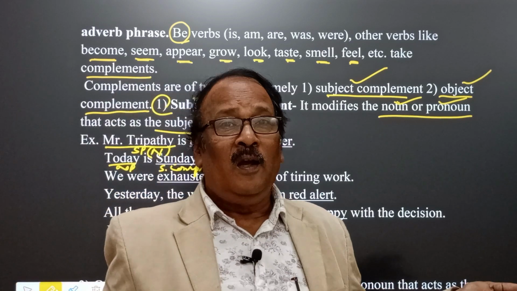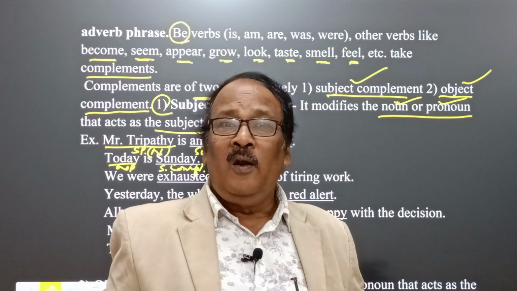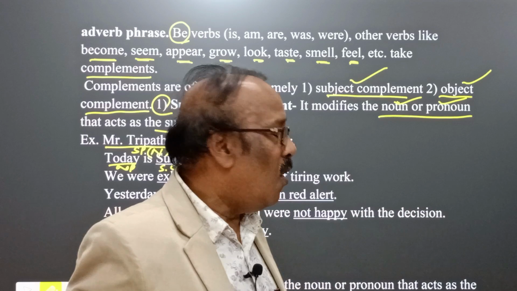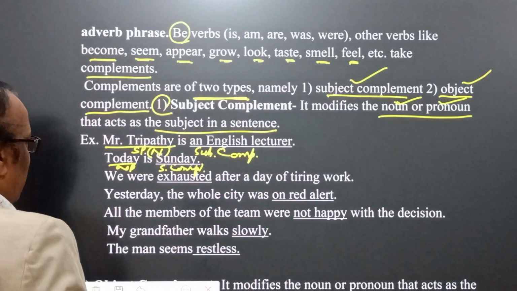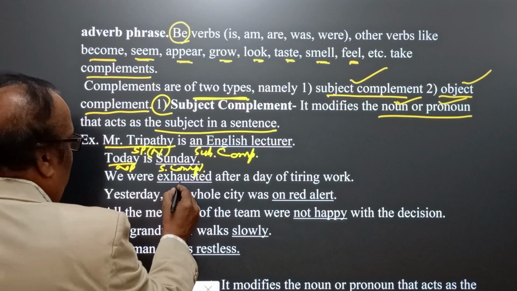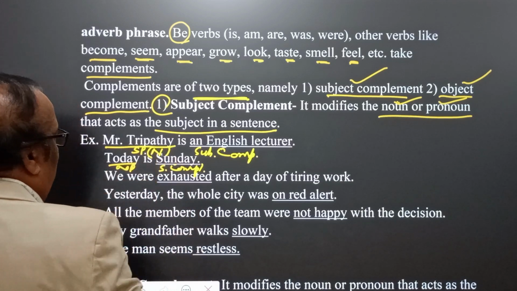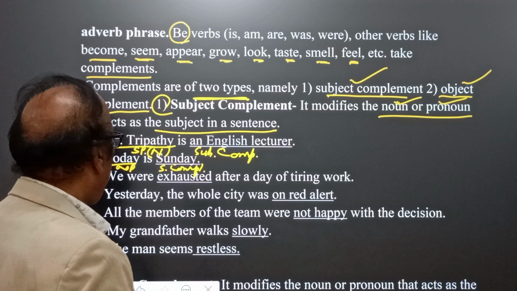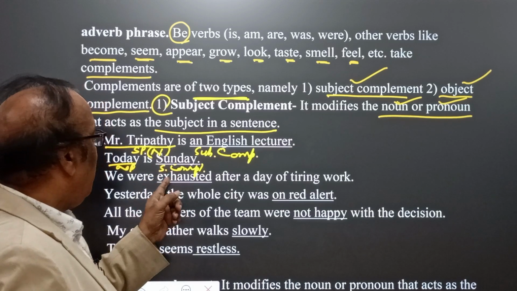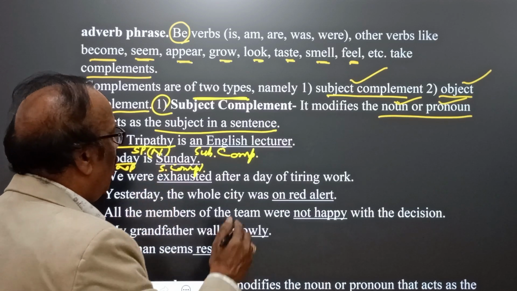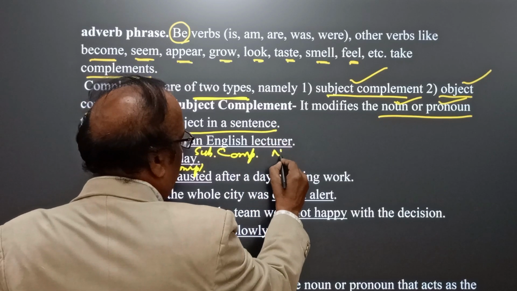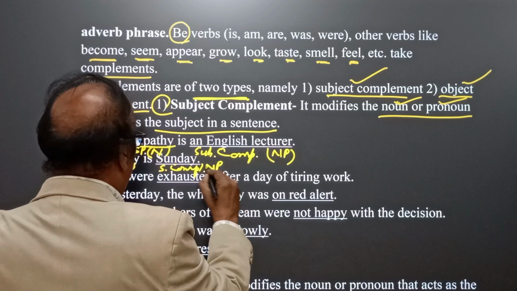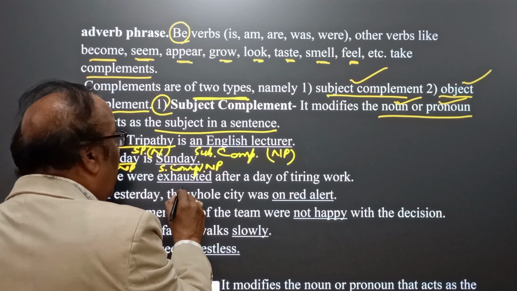So what is today? Today is Sunday. Sunday is therefore qualifying today, and it is a subject complement. And it is also a noun phrase.